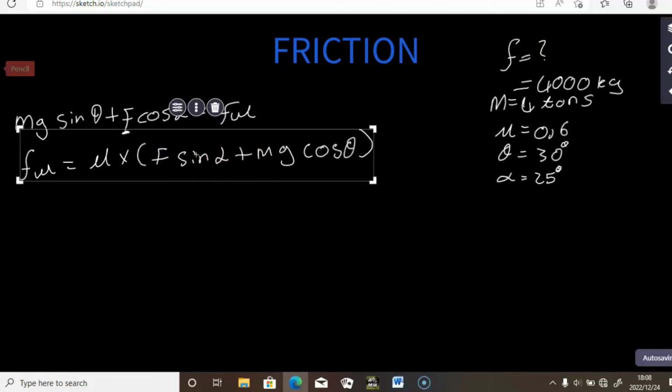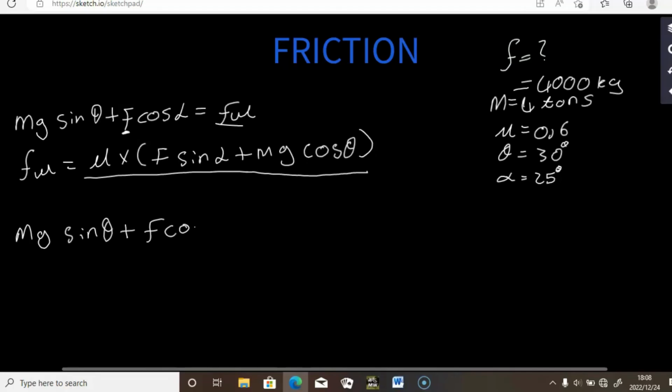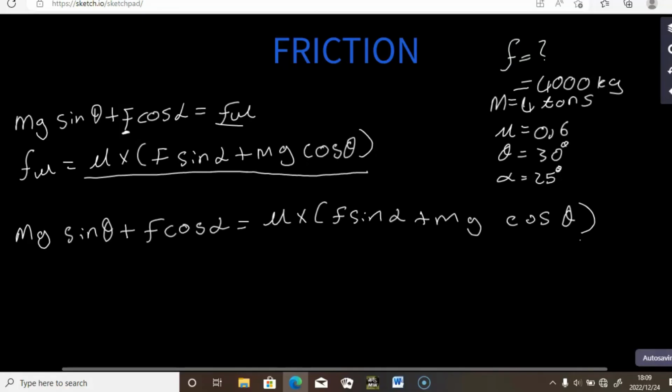So we are going to put this in the place of friction here. It will be mg sin theta plus F cos alpha, equals mu times open bracket F sin alpha plus mg cos theta, close bracket.